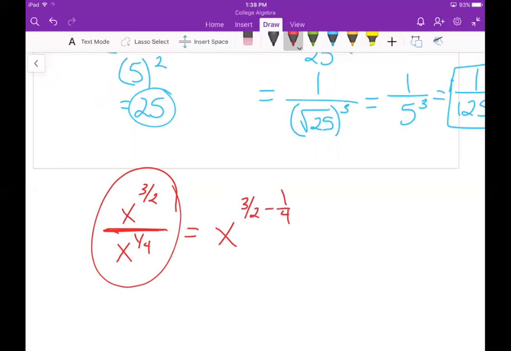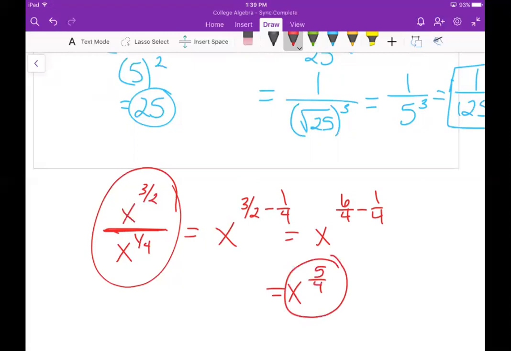I can do it in your calculator, or think about the fact that you need a common denominator. This is the same thing as x to the 6/4 by taking 3/2 times 2 over 2 minus 1/4. Oh, this simplifies down to just x to the 5/4. And that would be your final answer because you can't actually take x to the 5/4 power.